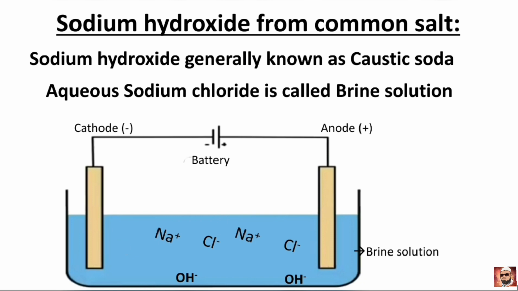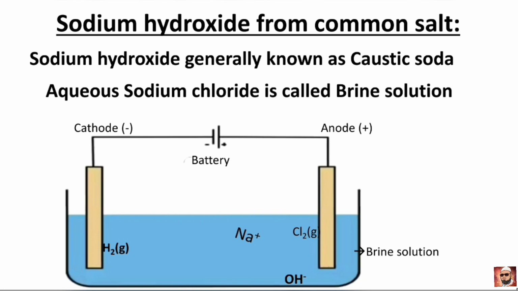In the same way, chloride moves towards the anode, the positive electrode, and it gives off chlorine gas at the anode. And you can see in the solution, Na+ and OH- remain.